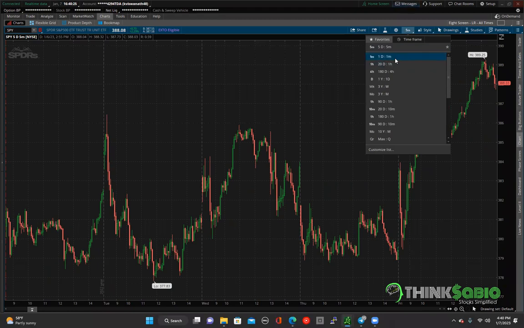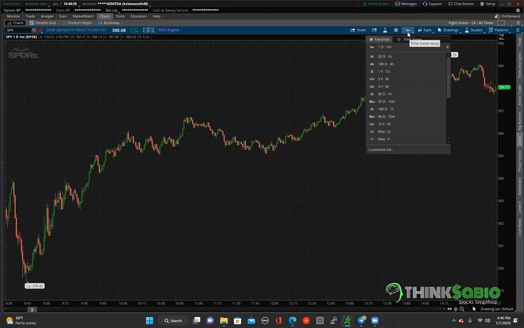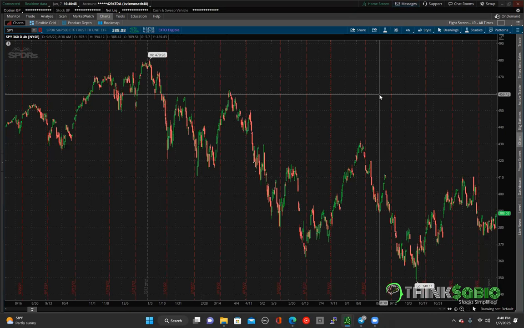If you are more like an intraday player, you want to get in and get out in like an hour or 2 or 5 minutes, you can go for a daily, like 1 day, 1 minute. If you are more like a swing trader, you can basically go for longer time frames, like 180 days, 4 hours, 360 days, 4 hours, right?